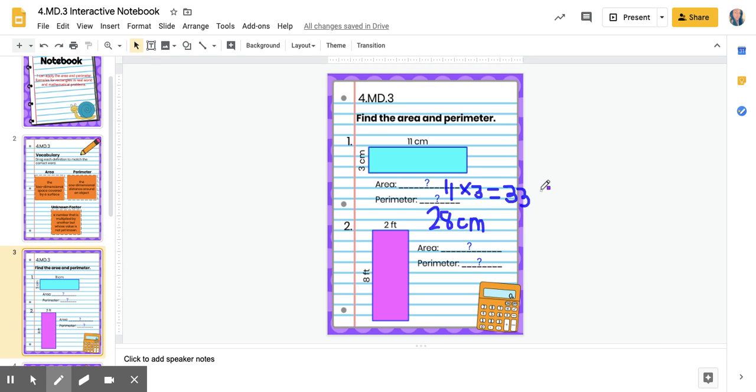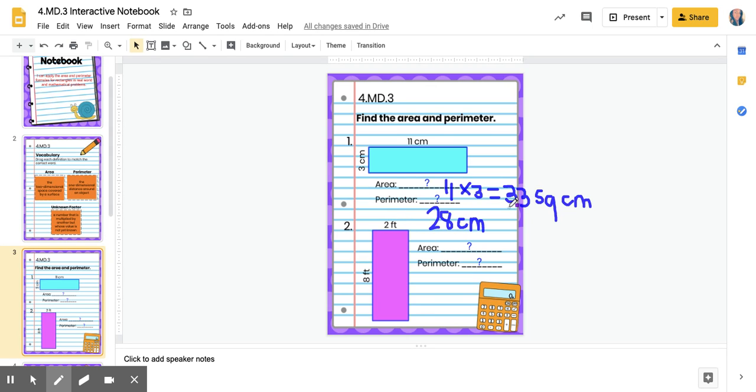And for the area, it would be square centimeters. So I'm not going to write that each time, but I want you to just remember that area is going to be square units and perimeter is just going to be the units. So let's look at number 2, this purple rectangle. It has a side of 8 and another side of 2.